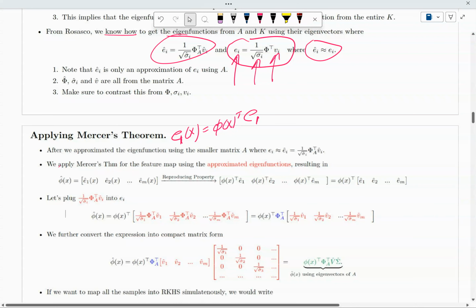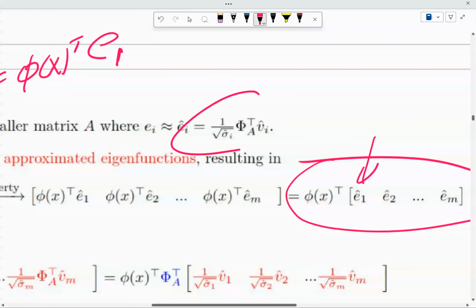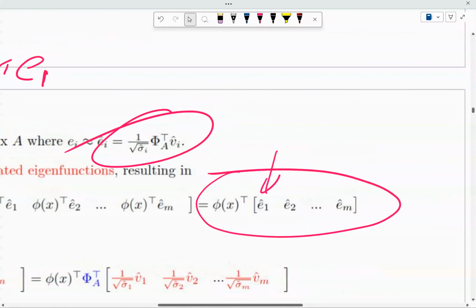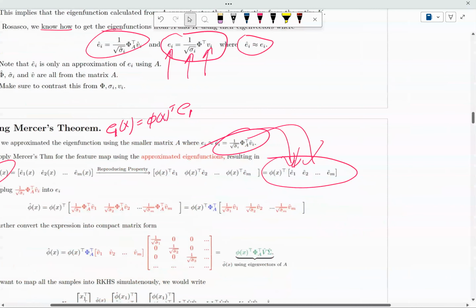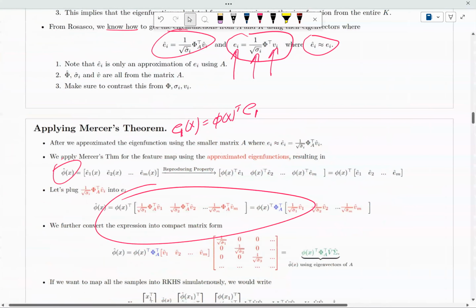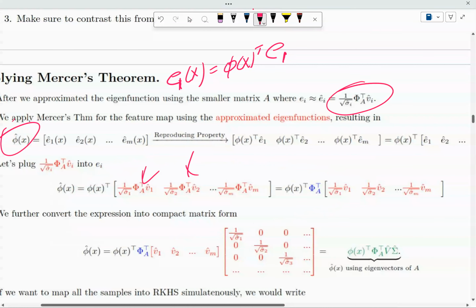So anyways, now this is equivalent to this. We know how to get the approximate eigenfunctions from the previous page. We just plug this into every one of them. If we plug this in, this will be the red portion here. Notice how all I did is plug it into the first, second, third.